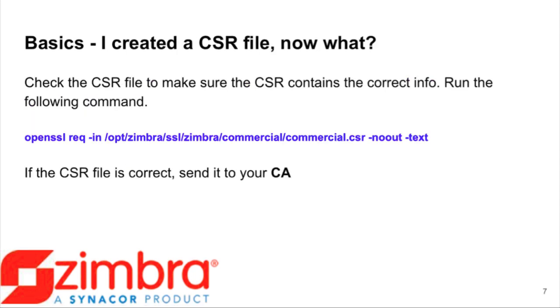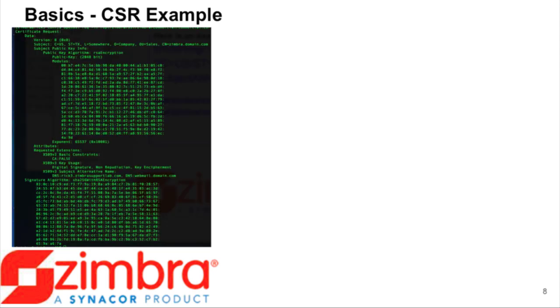So after you create the CSR file, you can look at it and just verify that the information in it is correct. What I usually tell people is use the OpenSSL command, and here's an example, OpenSSL req. And when the CSR is correct, you send it to your CA, and here's a little screenshot.